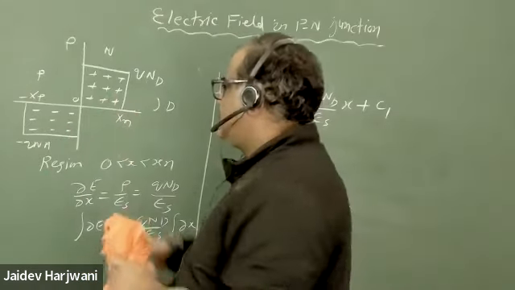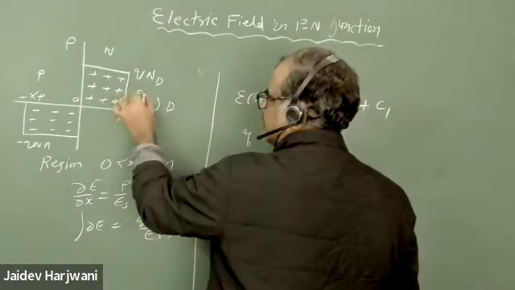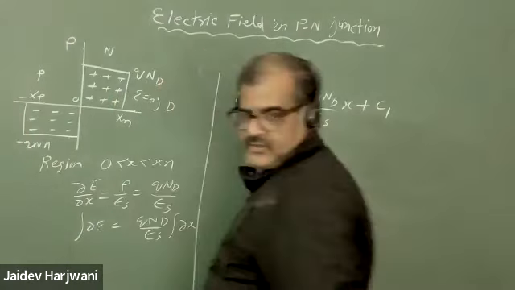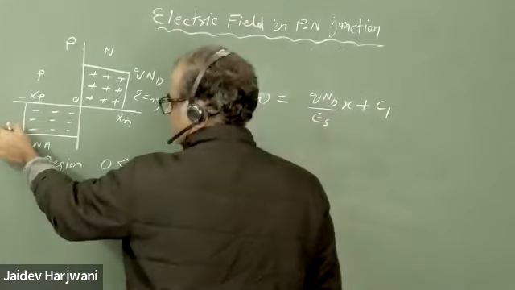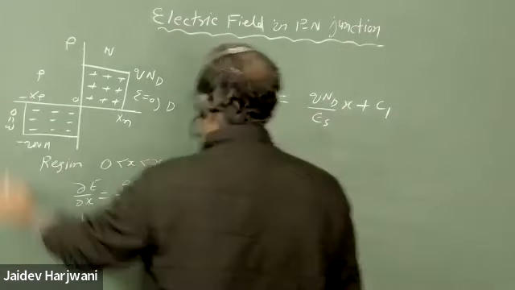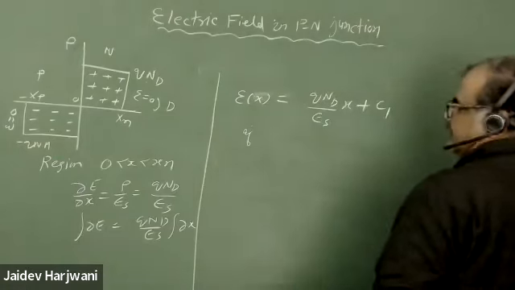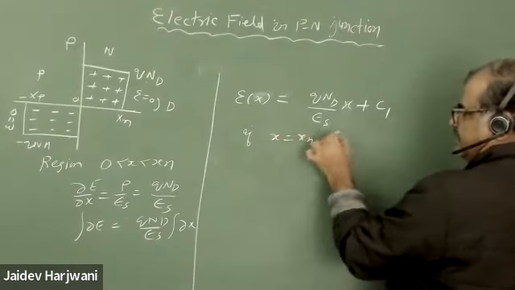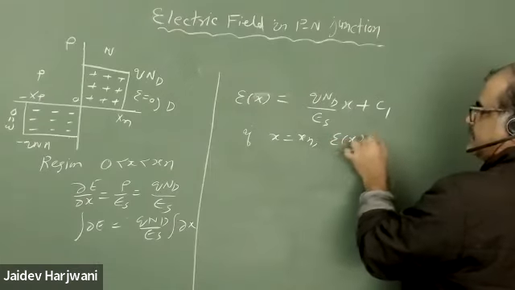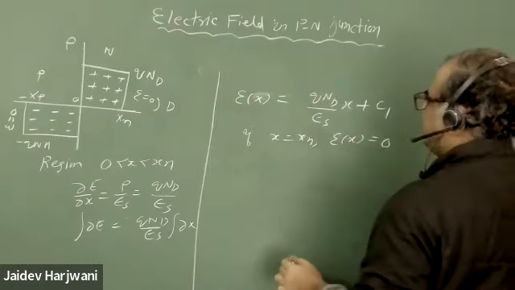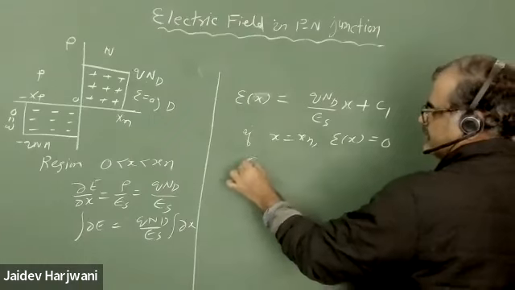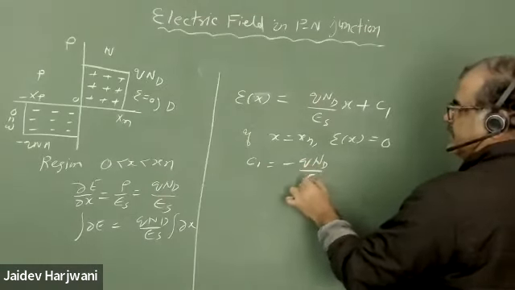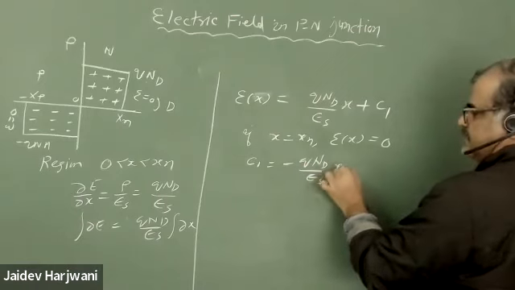If you go here, E is 0, and similarly if you go to the boundary on this side, E is 0. So applying the boundary condition that at x equal to x_n, E(x) is 0, this will give me the c1 value as minus qN_D x_n over epsilon_s.